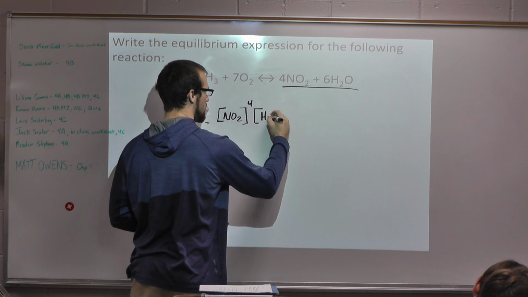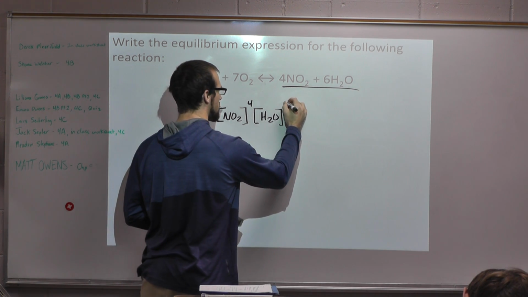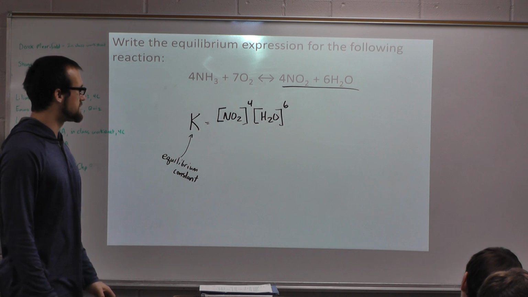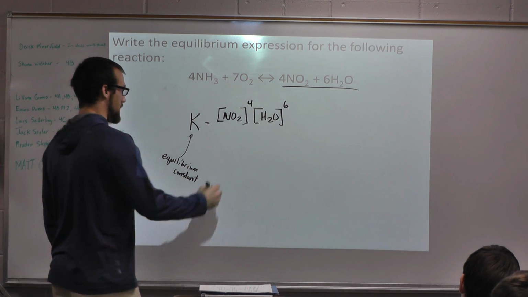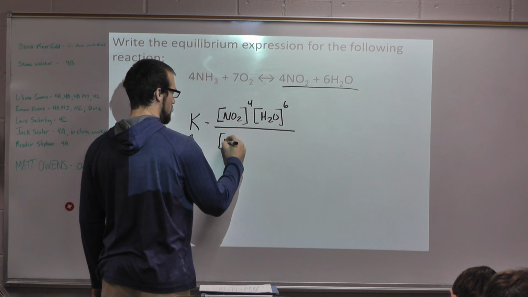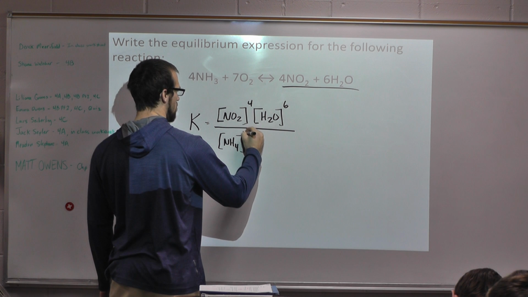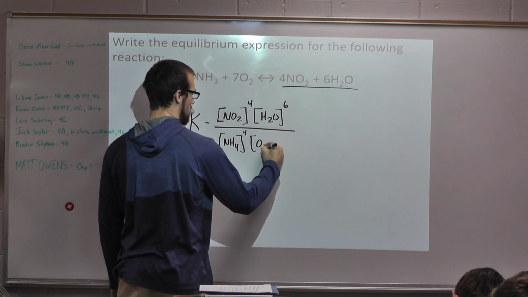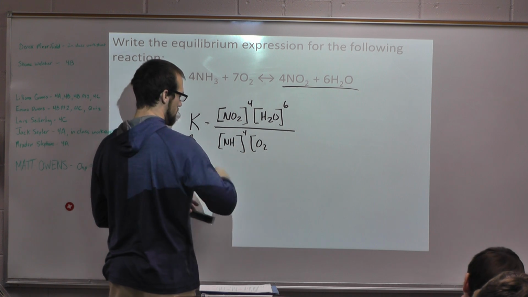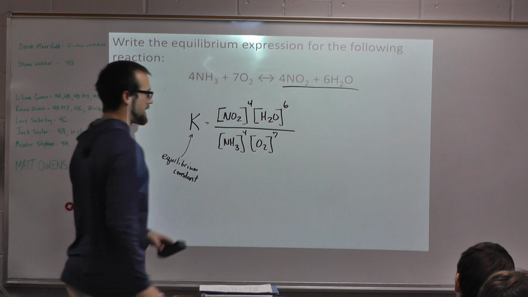Multiplied by the other product concentration raised to its coefficient power. It's always products divided by reactant concentrations. NH3 to the fourth power, O2. You write it like that.